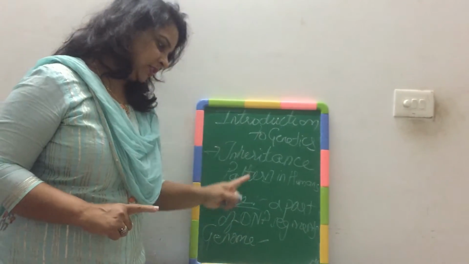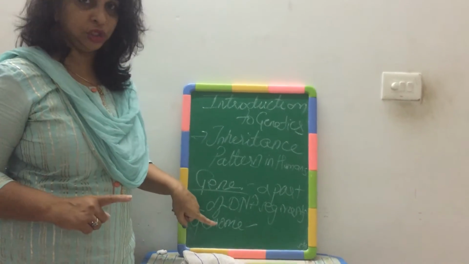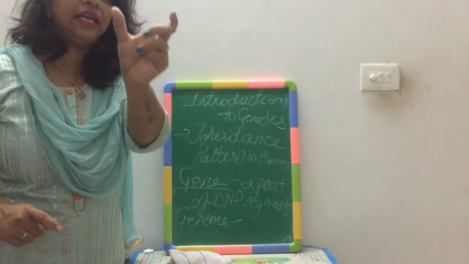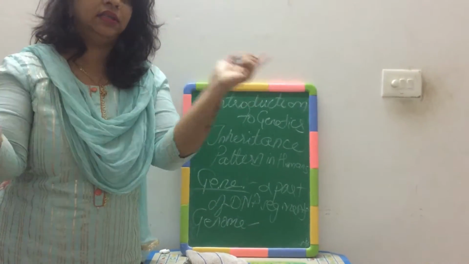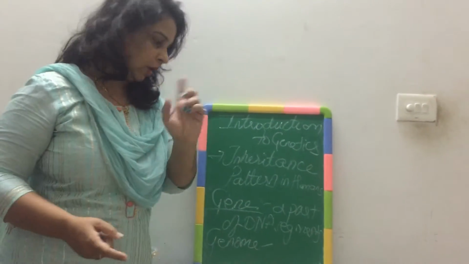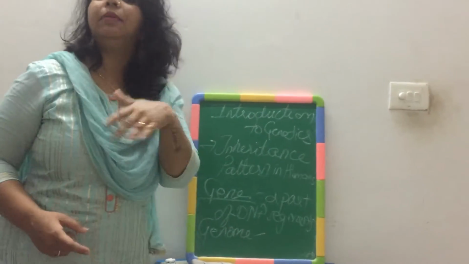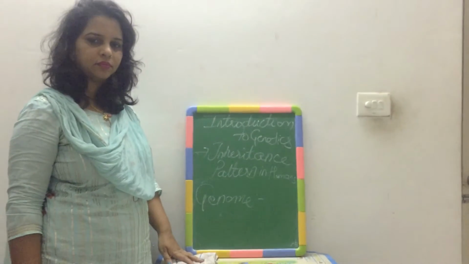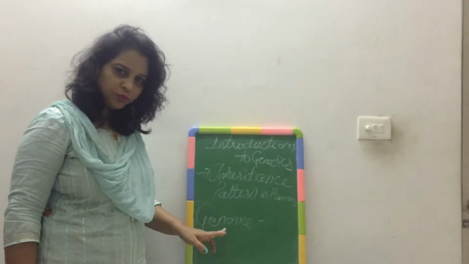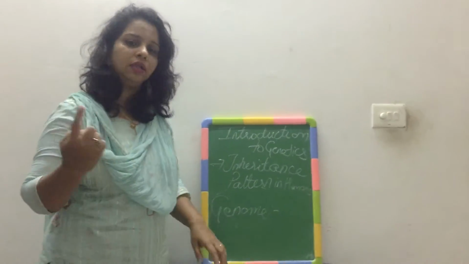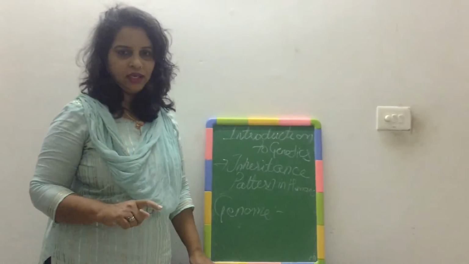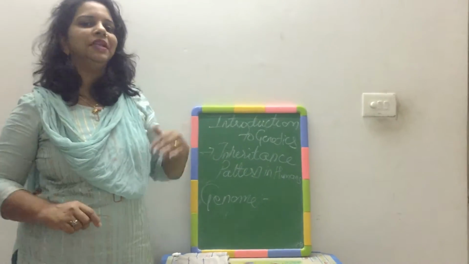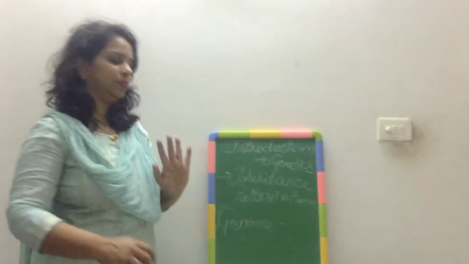That is the difference between a gene and a genome. Again I repeat, a gene is a part of DNA, not the entire DNA complement, and it determines the hereditary characteristic, whereas a genome is the full complement of DNA present in an organism.